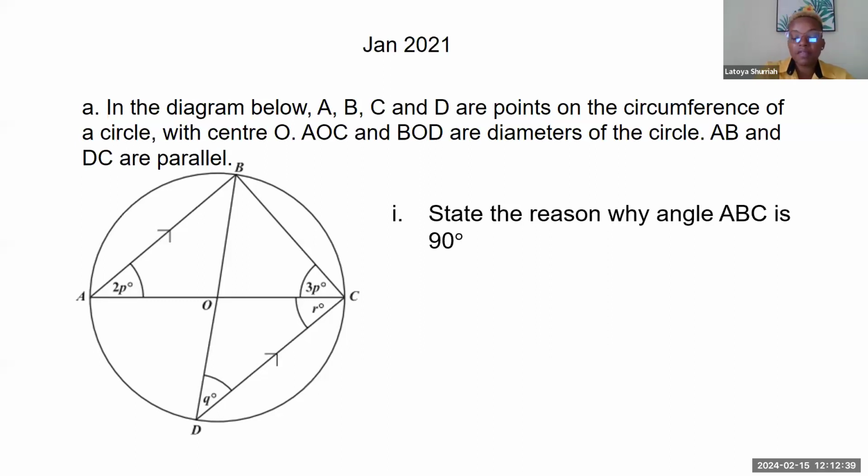Or you could even give the explanation that it is half the angle at the center because it is subtended from the same chord AC. So semicircle, diameter, circumference, any of those will work.